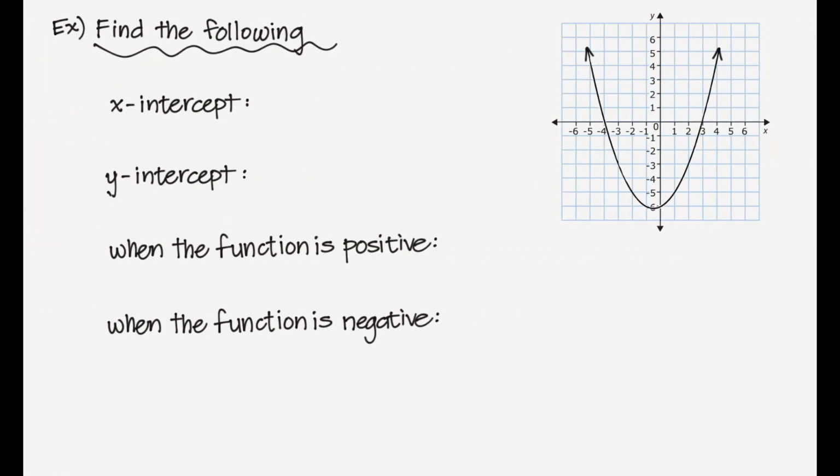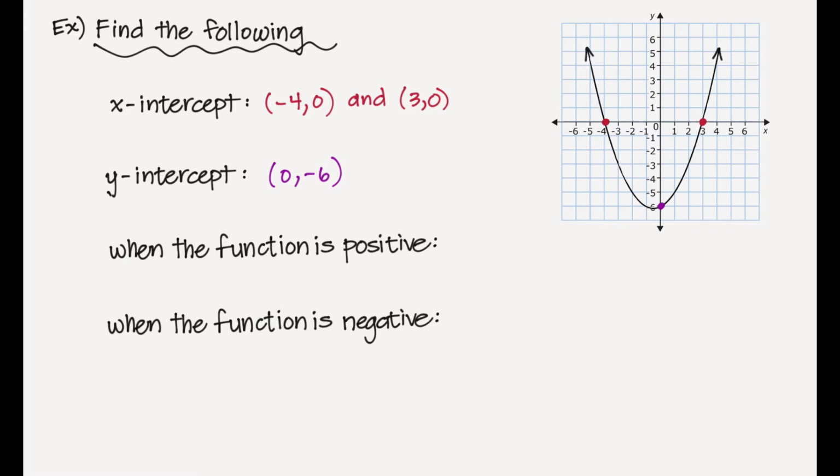Let's do it again. This time I have a parabola, and the x-intercept, it looks like, is right there at -4, 0. But in a parabola, there is a second point that is crossing the x-axis at 3, 0. So this has two x-intercepts. The y-intercept is down below at 0, -6.